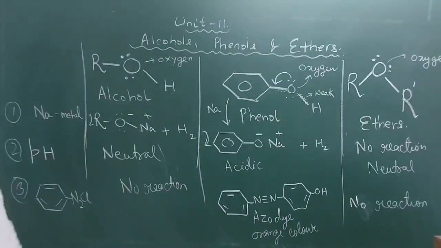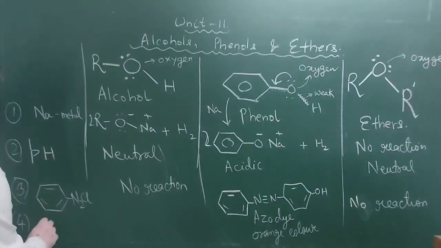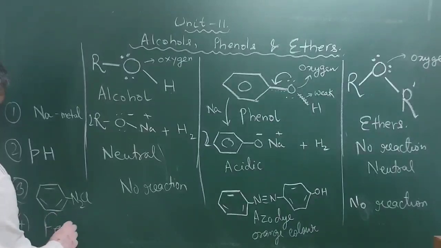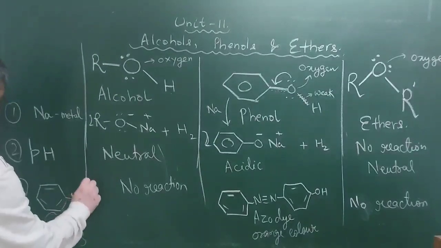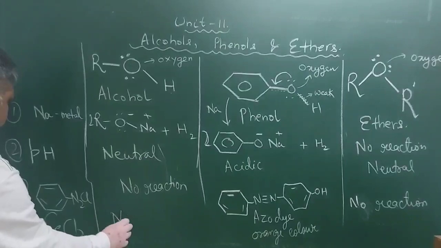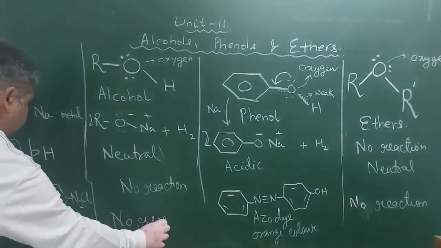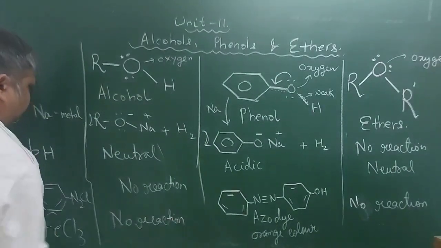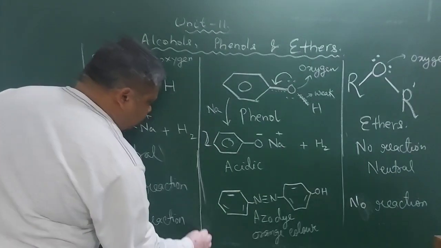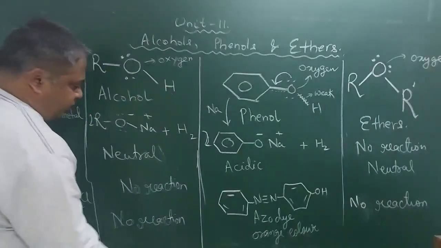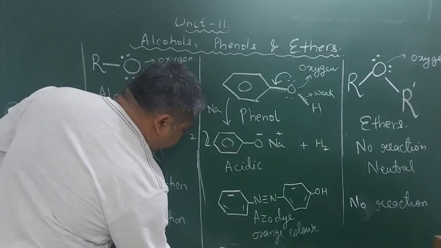What else can we do? If we treat it with ferric chloride, FeCl3, it will show no reaction, but this will form a red colored precipitate of iron phenoxide.